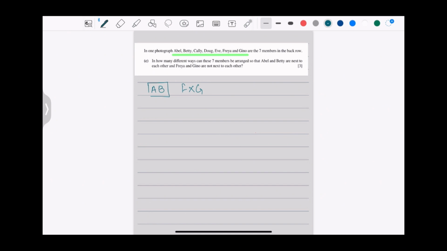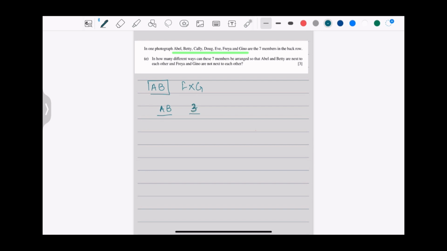So there are a total of 7 people. So what I'll do is I'll keep A and B separate. Then there's another third friend of theirs, fourth friend of theirs, and fifth.